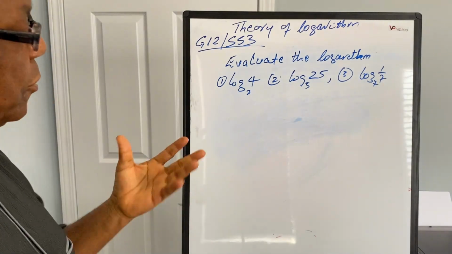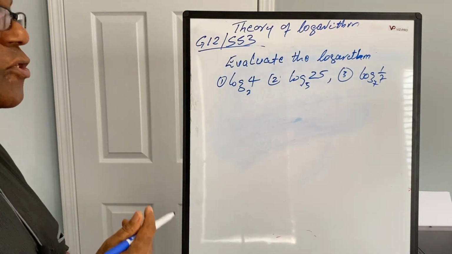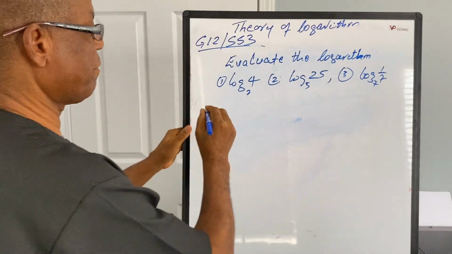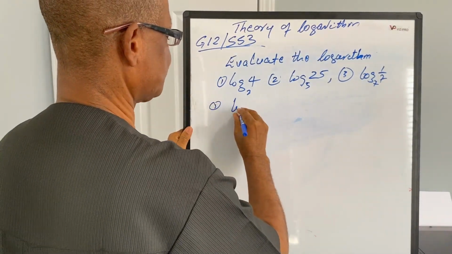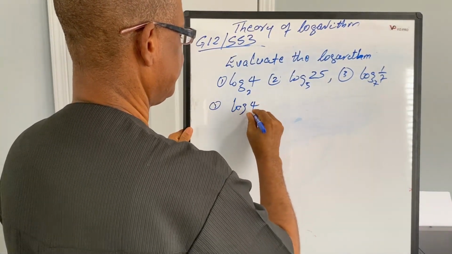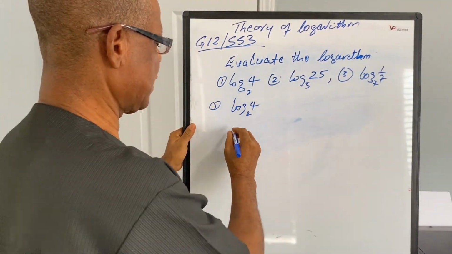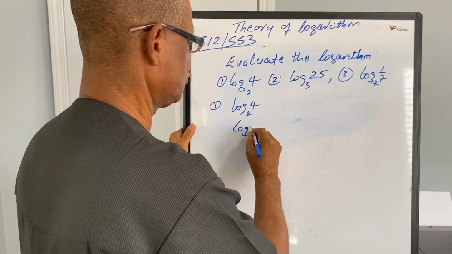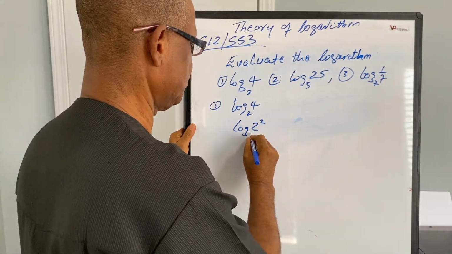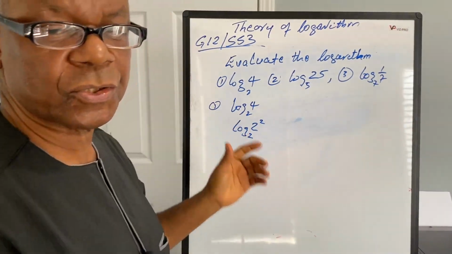Like I said, there are so many methods of solving a particular question in mathematics. For number 1, log 4 base 2, it can be solved this way: log 2 raised to the power 2 base 2, since 2 raised to the power 2 gives us 4.